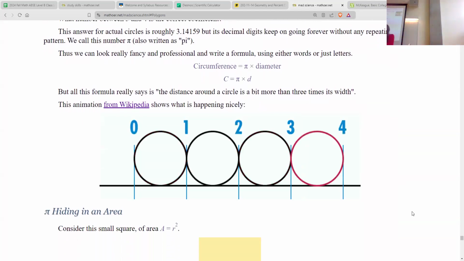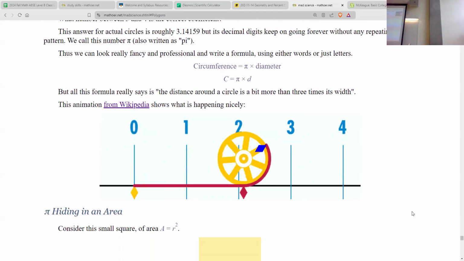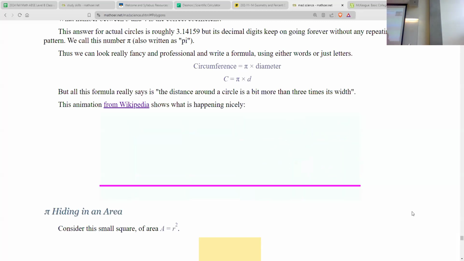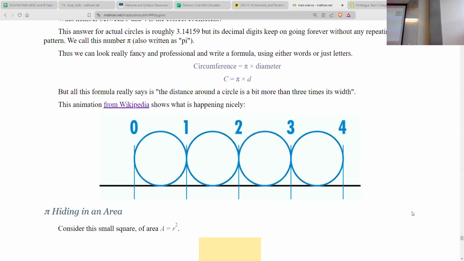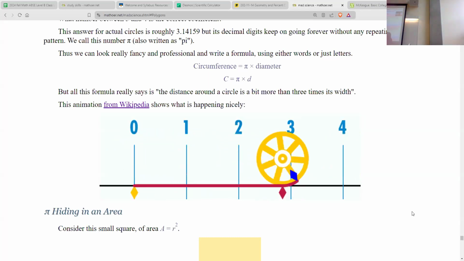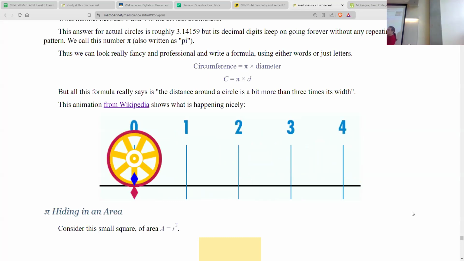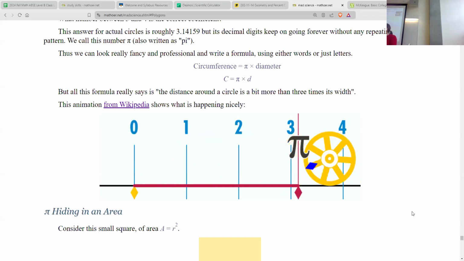And you can see in front of us that if I unwound the string around the wheel, how many widths of the circle does that take? It was 3 and a little bit. So same thing you just did, but now you have an animated report.